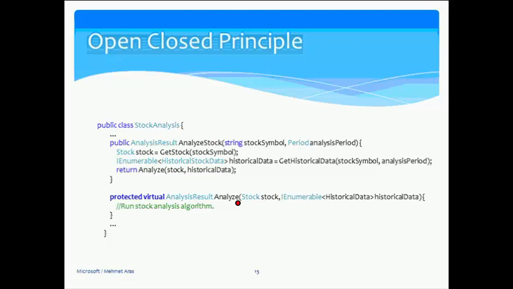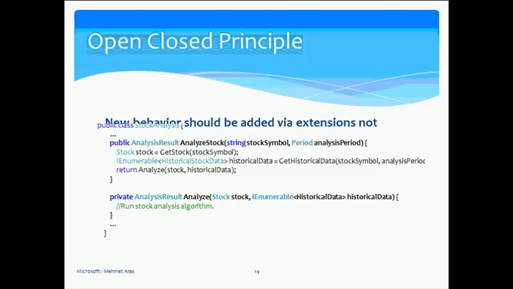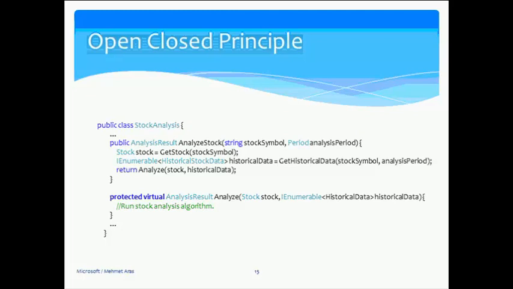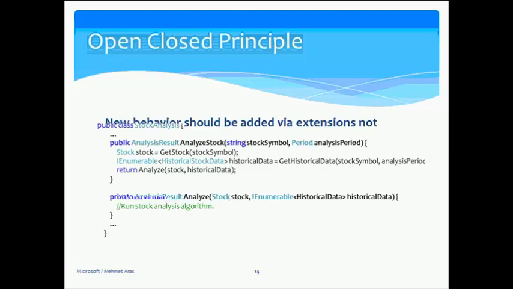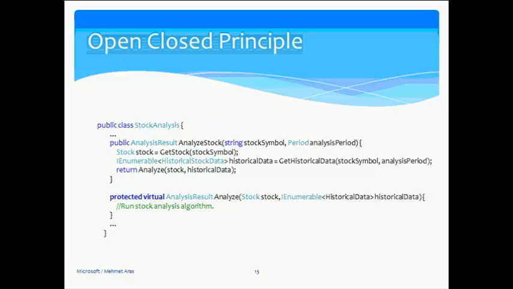So with a simple change, protected virtual, and if you go back, this one was private, it wasn't virtual, I changed it to virtual. This way, derived classes, perhaps I'm going to derive a class called FinancialStockAnalysis, can change this algorithm. So I just made my class more extensible and following the open-close principle.